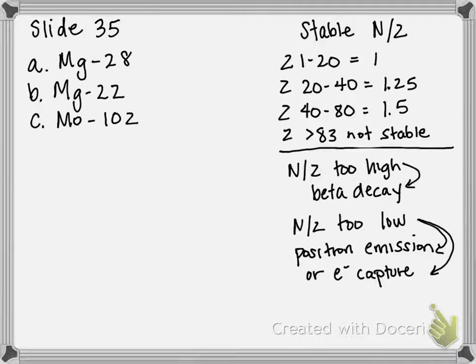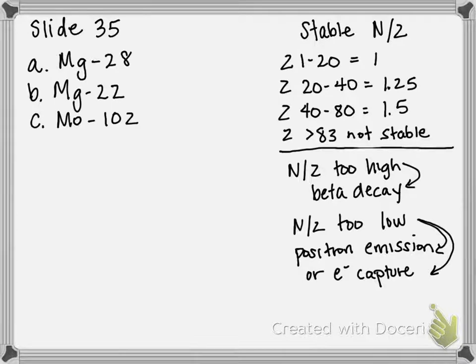If you look at slide 34 on your PowerPoint, there's a graph showing the valley or belt of stability for certain elements, and that's basically the ideal ratio of neutrons to protons. For atomic numbers 1 through 20, relatively light elements, the ideal N over Z ratio is 1.